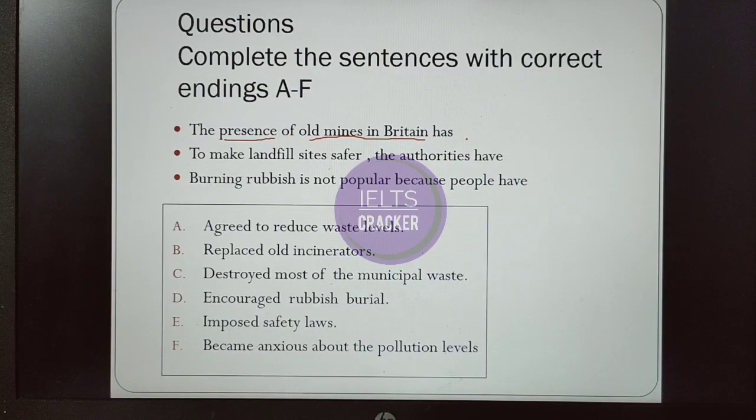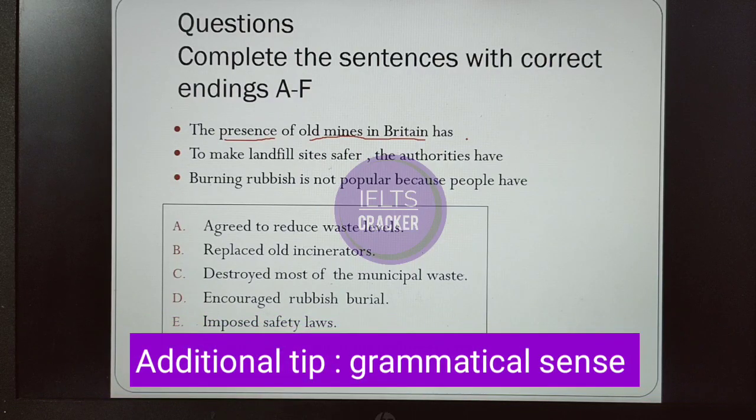And guys, there is one important tip, or you can say an additional tip, that is when you are going to solve the sentence endings, you are required to check the grammatical part also. Why guys? Because a sentence is based on grammatical structure also. So like this, the first one, the presence of old mines in Britain has.